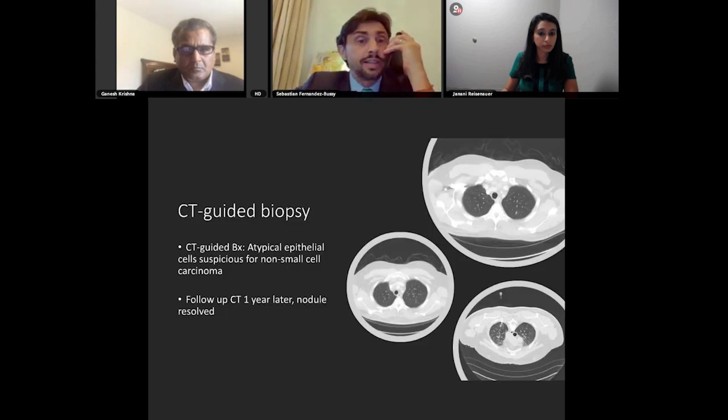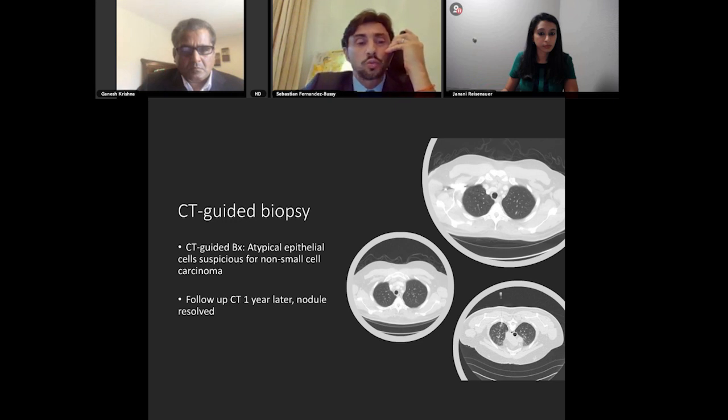Next case, this one is a CT-guided biopsy. Okay, so they did a CT-guided biopsy of that. It's hard to see there, but there's a very small left upper lobe nodule. Pathology showed atypical epithelial cells, but suspicious for non-small cell lung cancer. The patient did not want to do anything and was lost to follow-up.